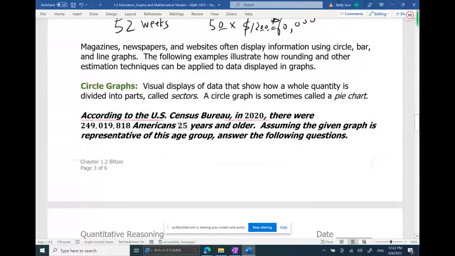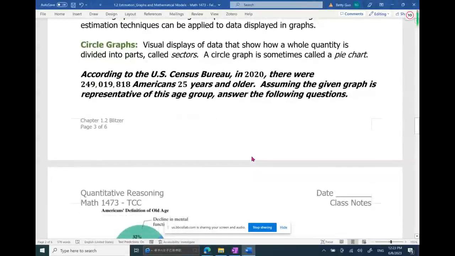The next questions are about graphs. We are going to see some graphs: pie charts, also called circle graphs, or line graphs. When we learn statistics, we'll see more graphs. In this case, we just focus on rounding. You understand the graph and round the information given in the graph. So let's read the question here.